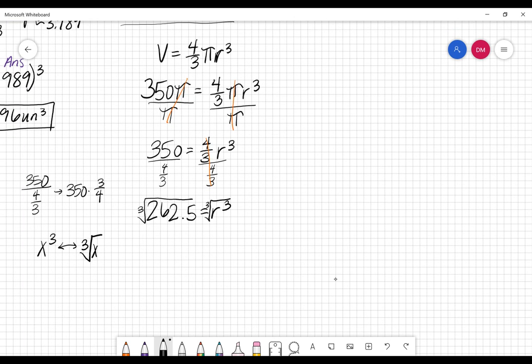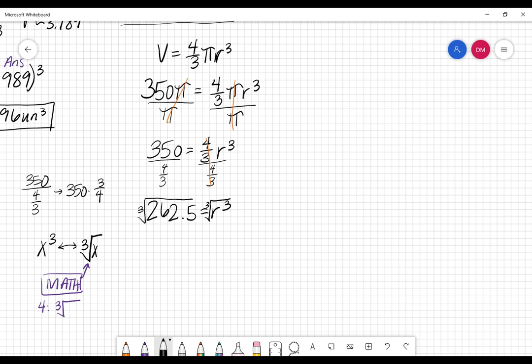In your calculator, the way we get to this cubed root is we're going to go to the math menu. And then you are going to see option number 4 gives you the cubed root and it allows you to plug something in. So we're going to choose that 4th option under the math menu and type in 262.5.